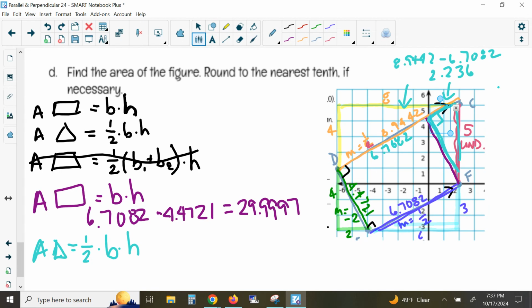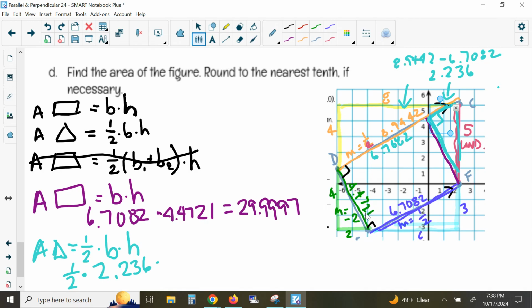So that means that our base is going to be 2.236, and we have 1/2 times our base, times, we need our height. So how tall is this? Now there is no number here, but isn't it just the opposite side of this?